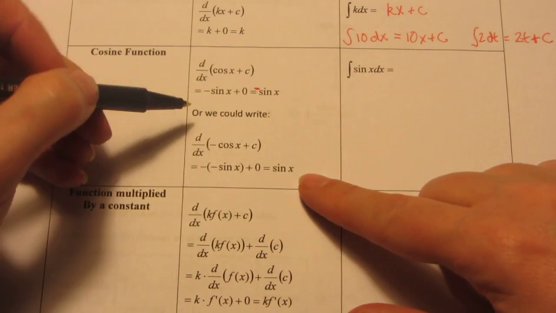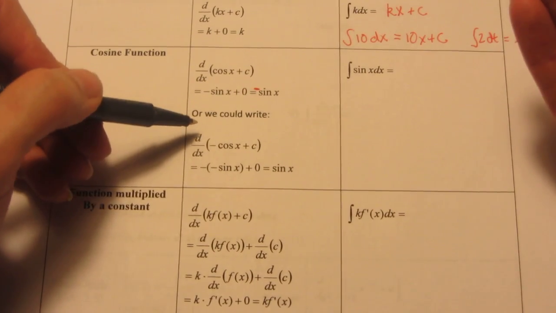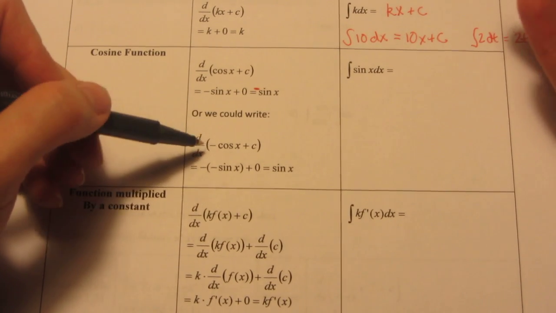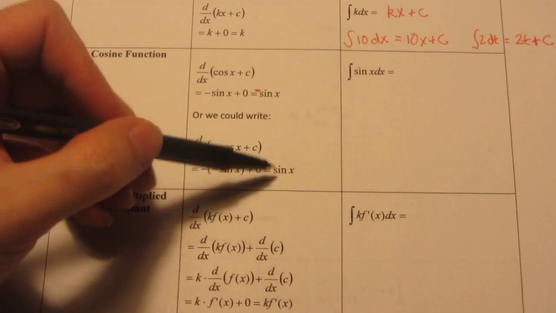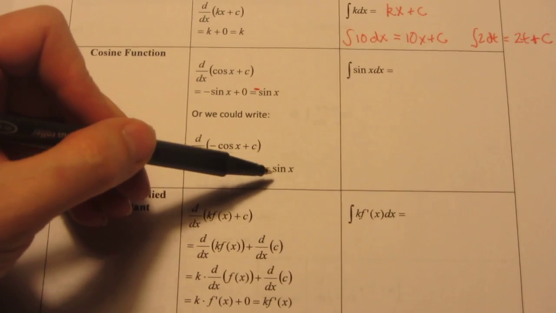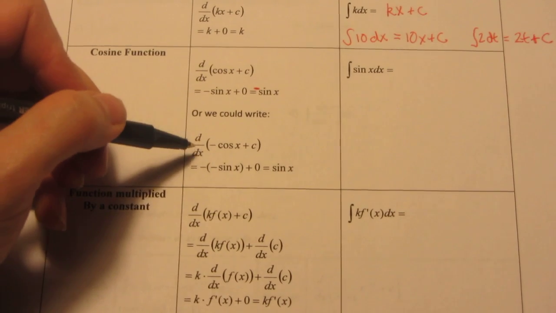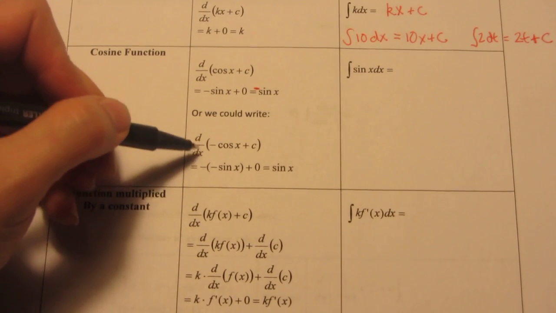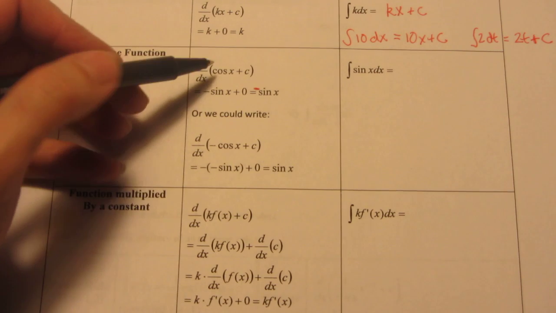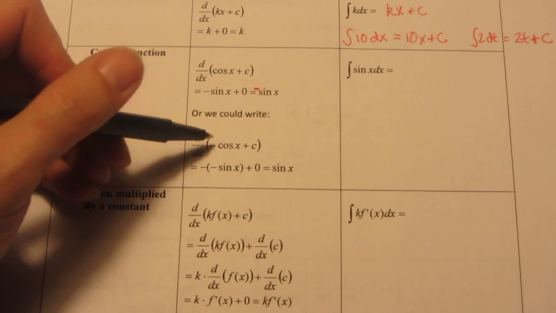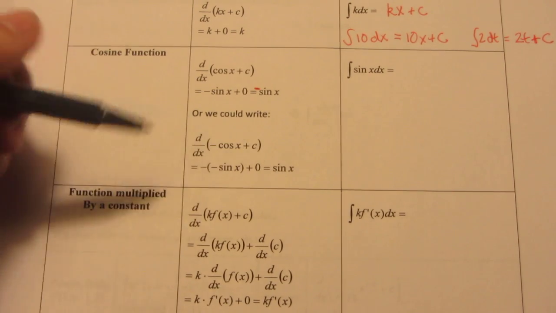Typo, sorry. But what I did in this case, I rewrote it so that when I take the derivative, because my end goal is to get positive sine at the end, not negative sine, and I should have retyped that. In this particular case, I said, okay, instead of taking the derivative of cosine, I'm going to take the derivative of negative cosine plus c.